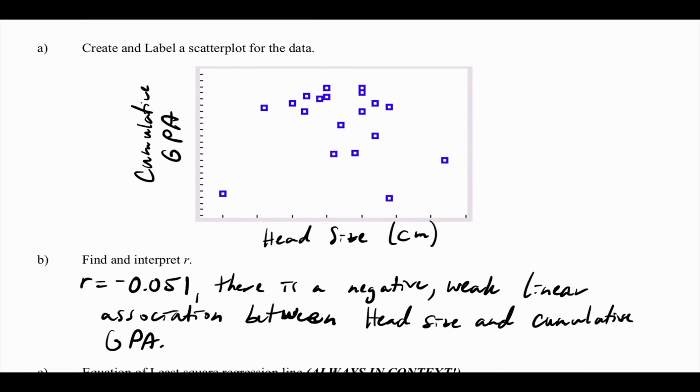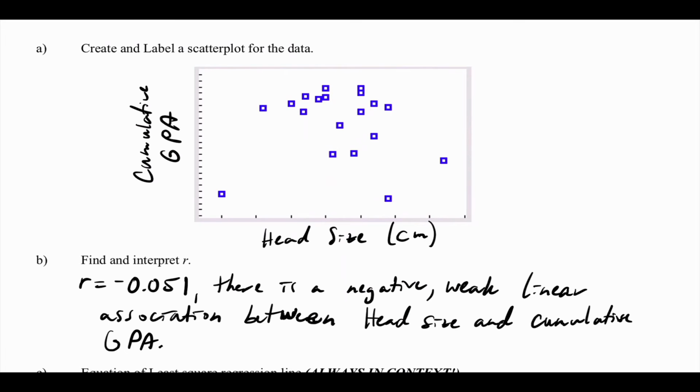We found that it's kind of all over the place, right? The dots were all over the place. There was barely any kind of correlation. That's barely anything, right? It's close to zero. But we said there's a barely negative weak linear association. Okay.